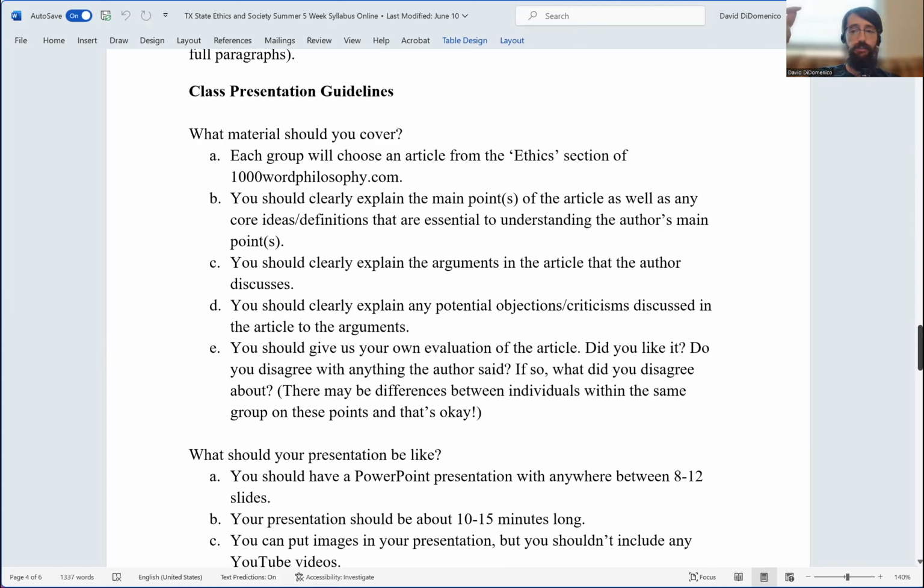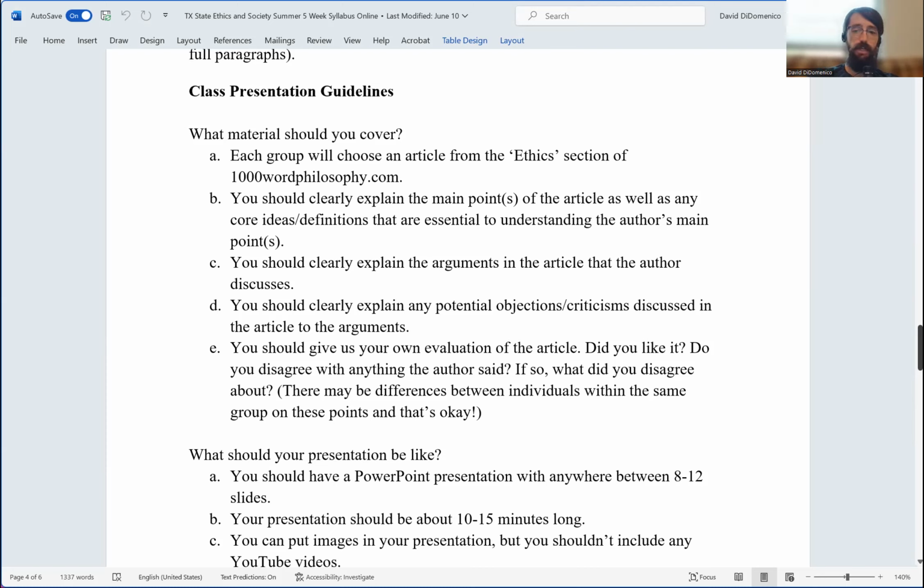You're going to go to the ethics section of that website and select an article to present. So you'll create a PowerPoint with a few slides that gloss over the content in the article, but you explain what the article's about in your presentation, and you give your own evaluation of the article.